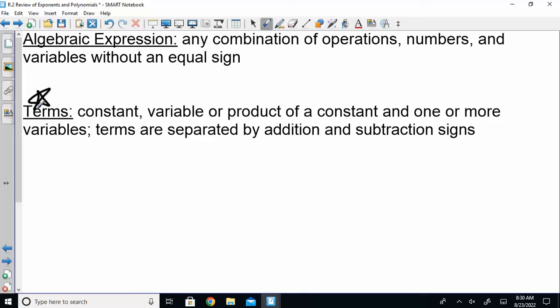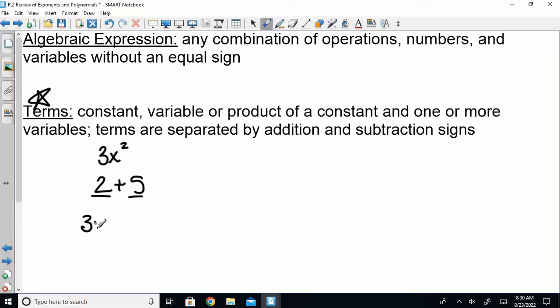So we have a lot of rules that apply to things that are 1 term versus things that are 2 or 3 terms. And so we have to know what we're referring to.